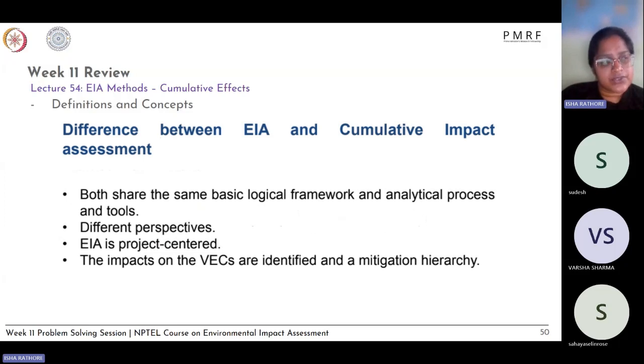Then we looked at the difference between environmental impact assessment and cumulative impact assessment. So both of them have the same logical framework and analytical processes and tools, but they are from different perspectives. EIA is more project centric, whereas cumulative impacts can assess impacts from other projects also which are happening at the same time. So any nearby development, if it's happening, will club those cumulative impacts, because at the end of the day, you have the community outside, and at the same time two development projects are happening.